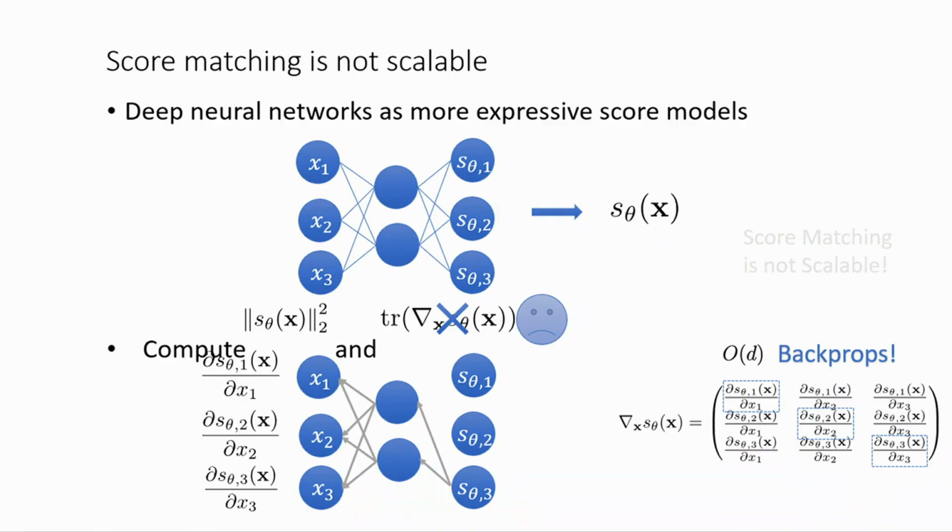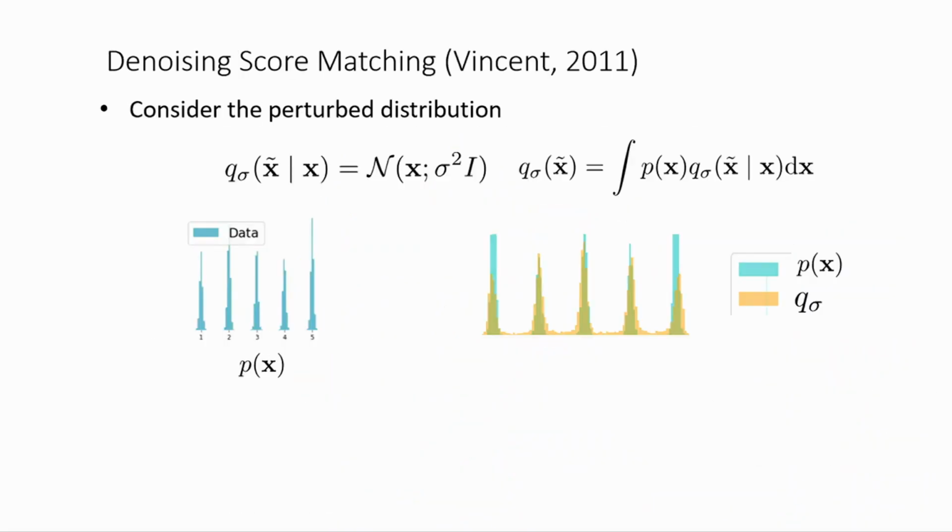Therefore, we have to come up with some other, more scalable way of solving this. Interestingly, there is an earlier work called denoising score matching, which, instead of directly fitting the score on the original data points, introduces a noised version of the original distribution. We use q theta instead of p of x, where q theta is the posterior of p of x, assuming you add some noise over the original data.